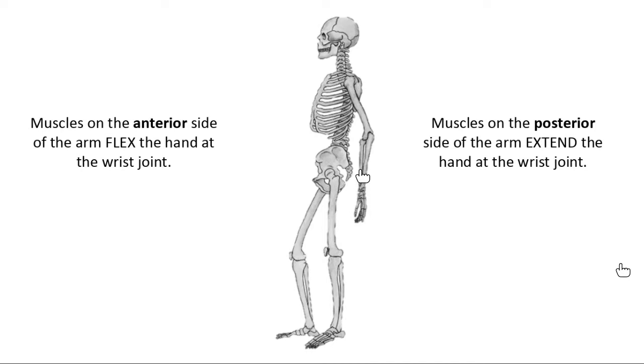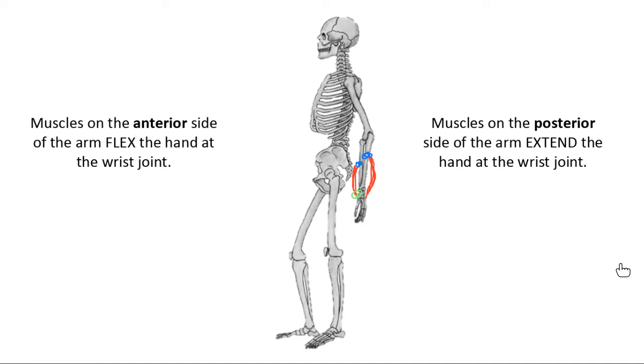The muscles that help you do flexion live on the front side of your forearm. The muscles that help you do extension, that pull your hand back, are the ones that live on the posterior side. Now here's the best news ever about front side versus back side muscles in the arm. Their name is typically going to say their movements.